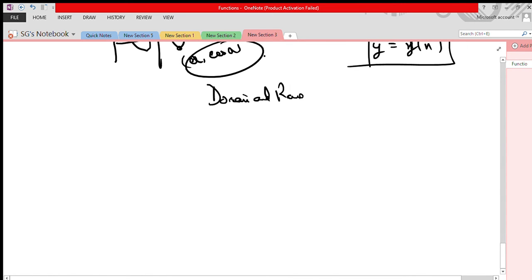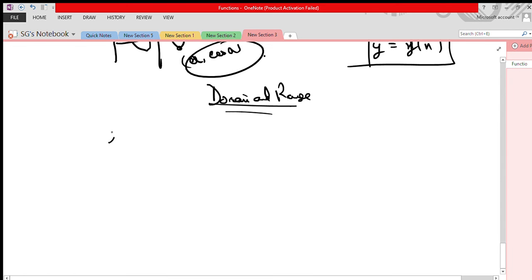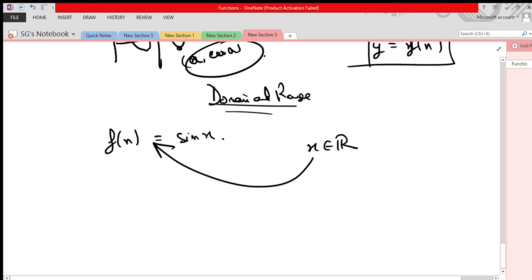As you already know, the domain is the set of all possible inputs of a function, and the range is the set of all possible outputs. Suppose you have the function f(x) equals sin x. We know any real number x will satisfy this function, so the domain is the set of all real numbers. But what will be the range?